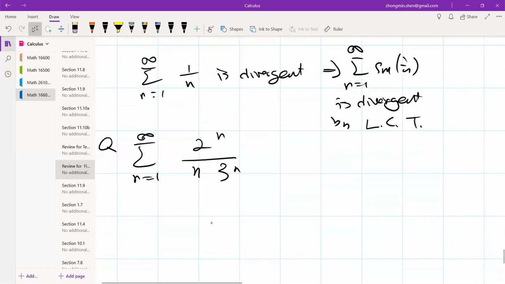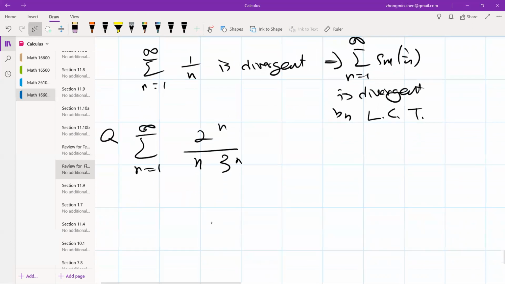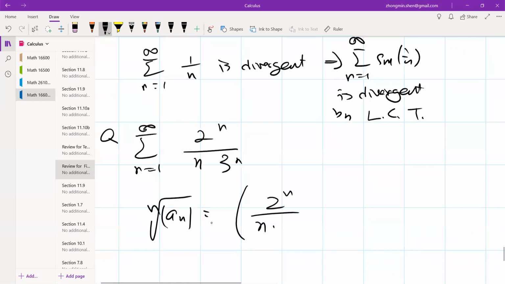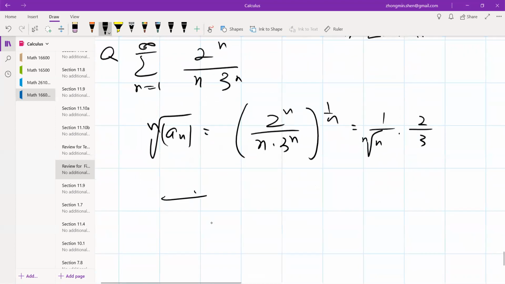This is a place you have to use a root test. It's going to be the nth root here and 2 over 3. Then the limit is going to be 2 over 3 as n approaches infinity, and that's it. So the limit L is going to be less than 1.